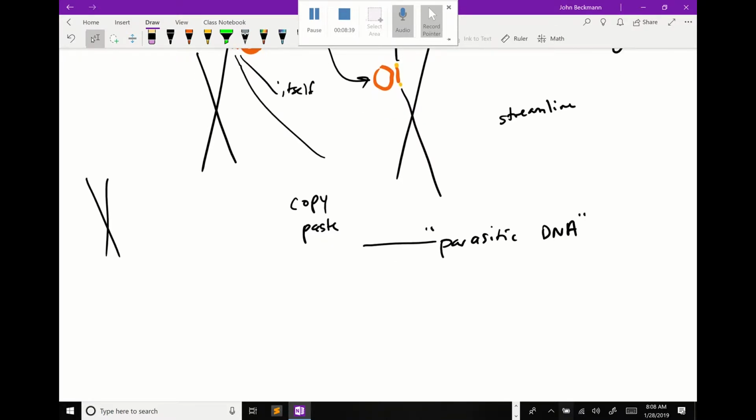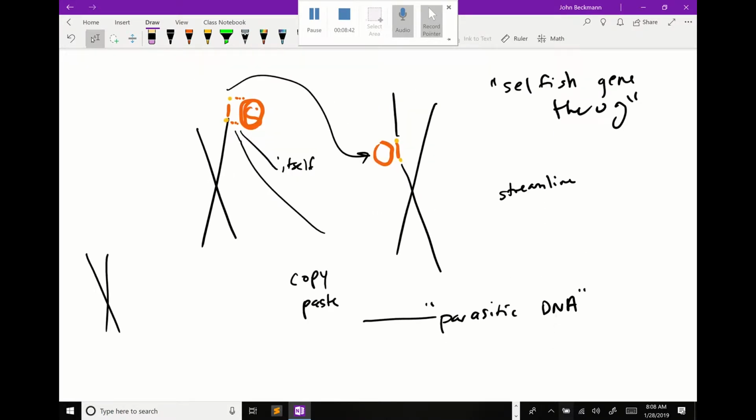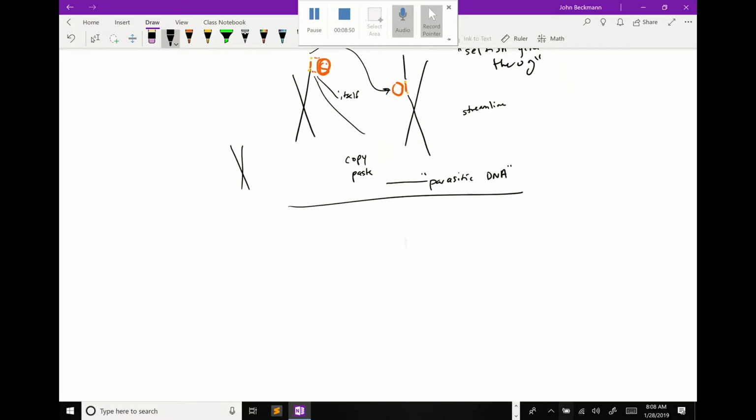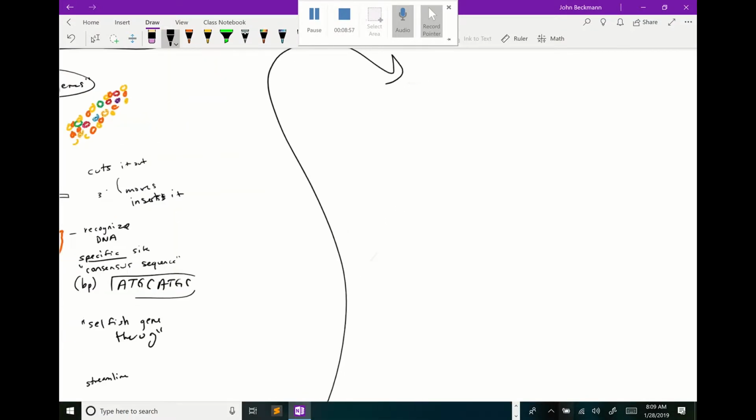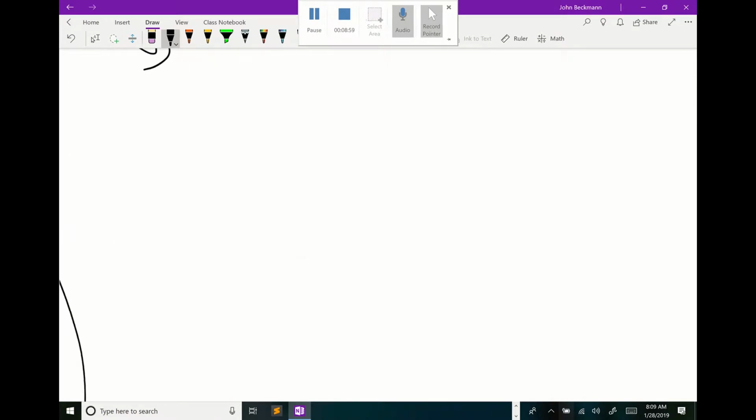Okay, so now that you know that these transposons can grab DNA and move it, now you can imagine how we can hack this for biotechnology purposes, and we can use this for our own purpose. So if we make a plasmid, transposons work by having two plasmids.